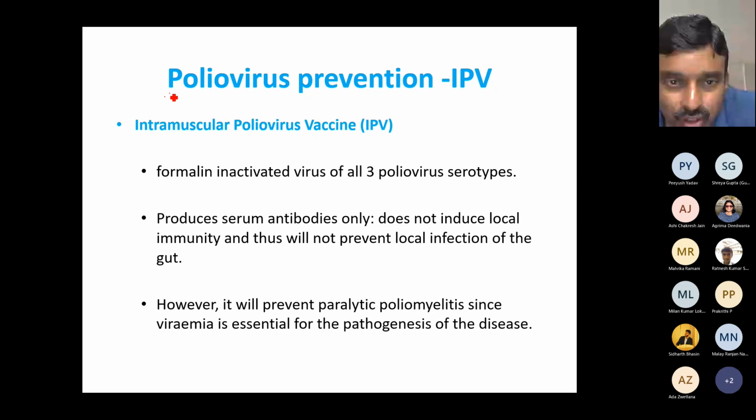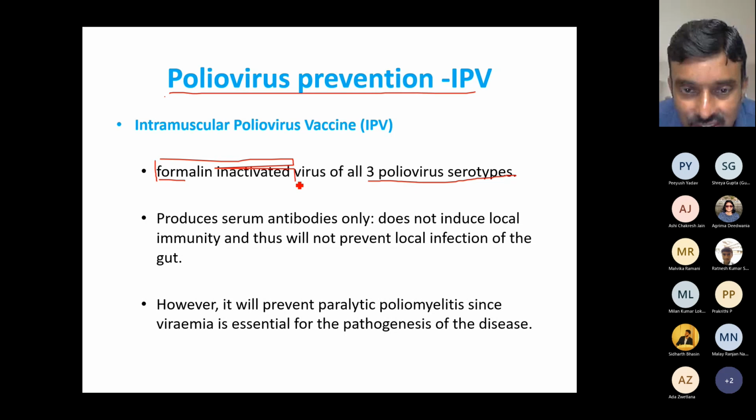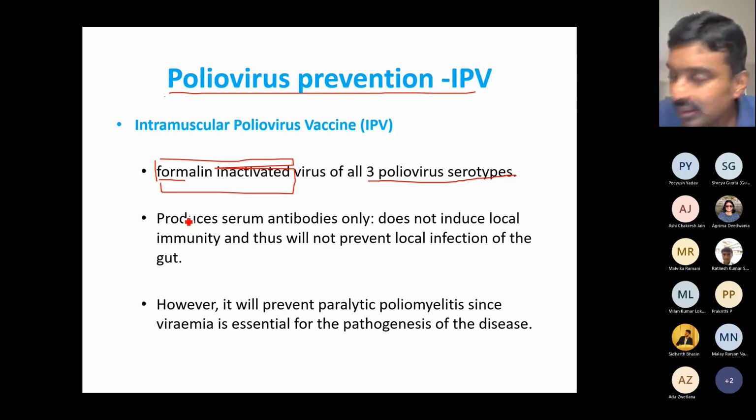Now, how do you create a poliovirus vaccine? This was a major challenge put forth to scientists 7, 8 decades ago. What they did was they took poliovirus, and all of you know from the last class that there are 3 serotypes, and they inactivated it by adding chemicals such as formalin. Formalin, like all of you know, is used to preserve anything.